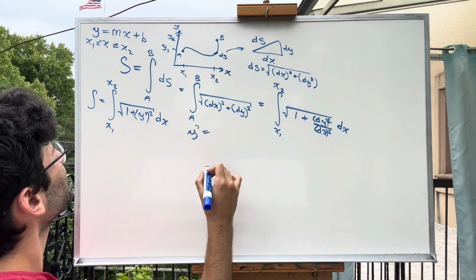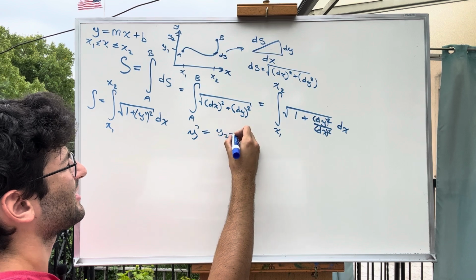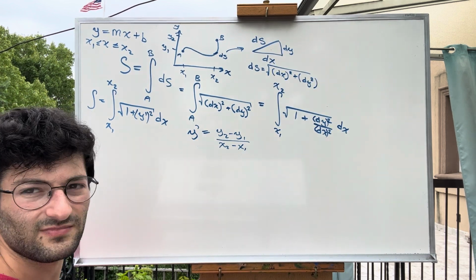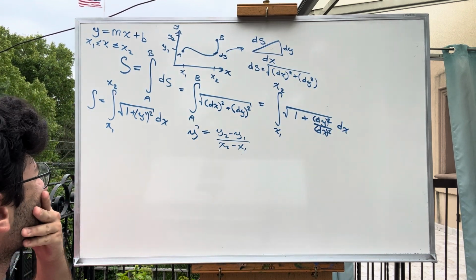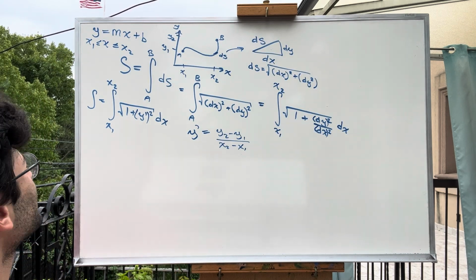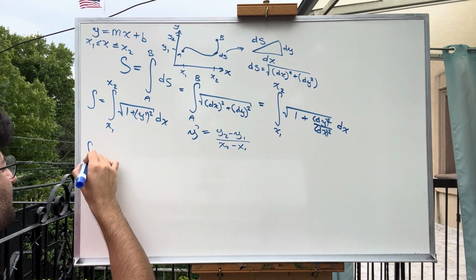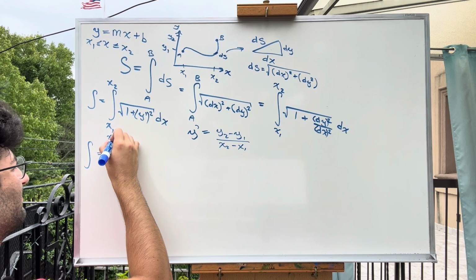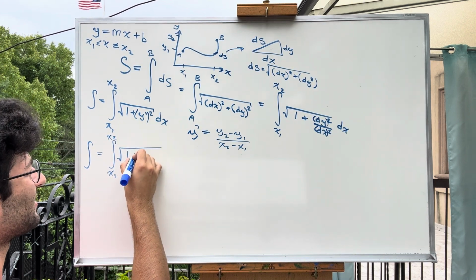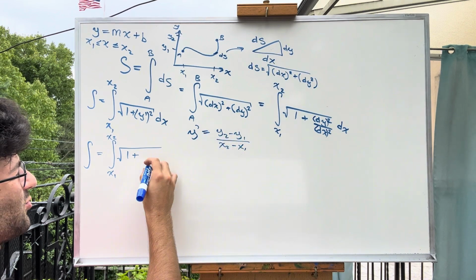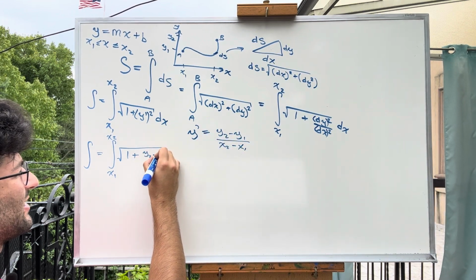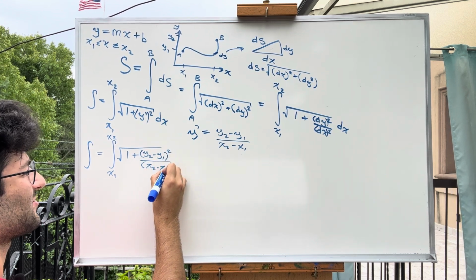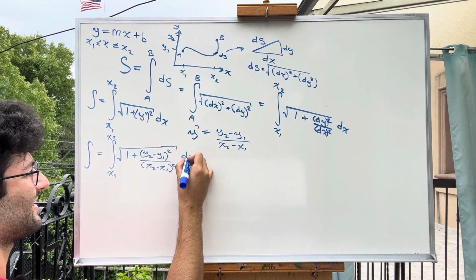And we could go ahead and rewrite that as y2 minus y1 over x2 minus x1. And when we plug that into this integral, we get the integral from x1 to x2 of the square root of 1 plus this quantity, y prime squared, we get y2 minus y1 quantity squared over x2 minus x1 quantity squared dx.